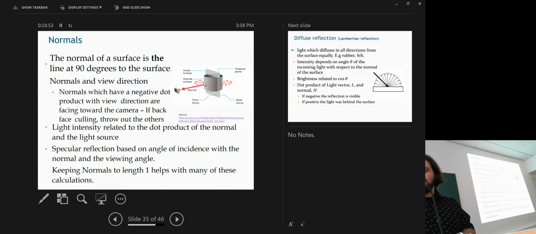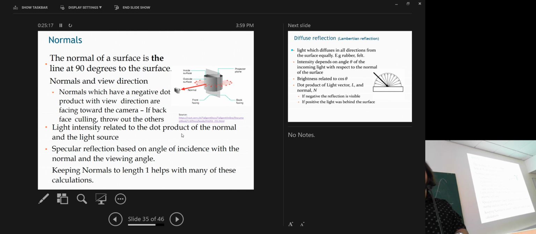Like this point where the light is reflected from faces towards the observer. So we see that, and whatever points have the normals that give positive dot product with the observation angle are facing outwards, so we can simply back cull them.